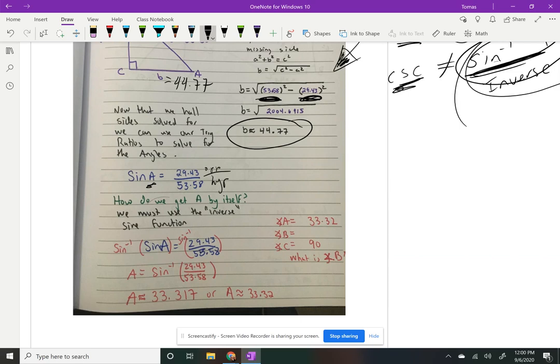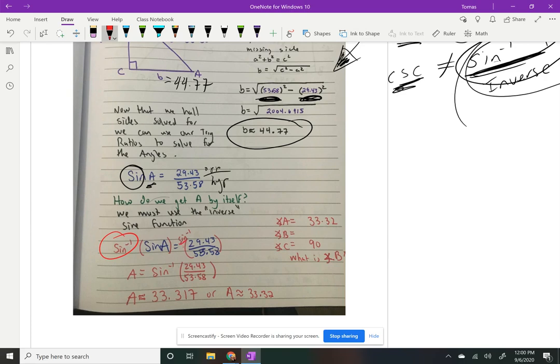Well, to undo the sine function, you do something called the inverse of sine, which is denoted by sine to the -1. And you have to do that to both sides.